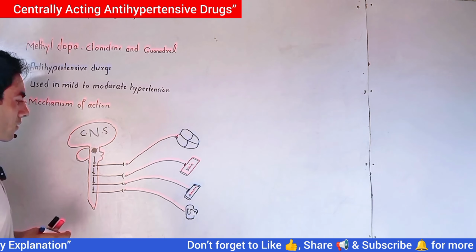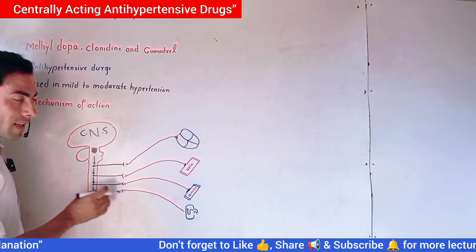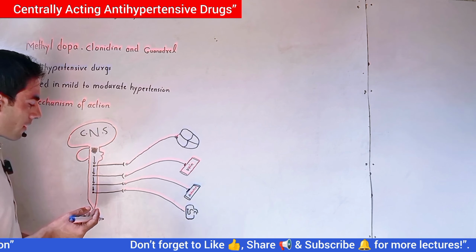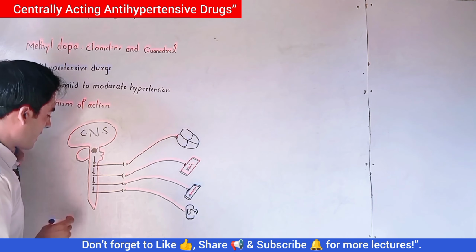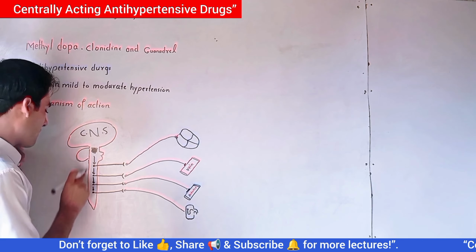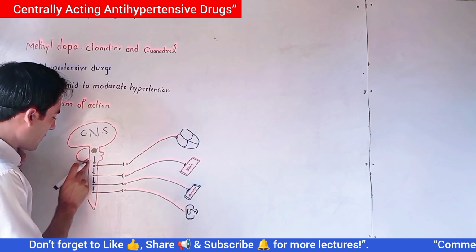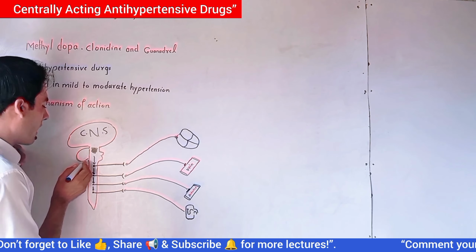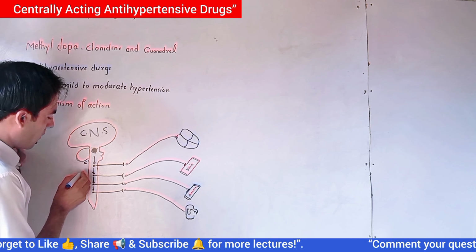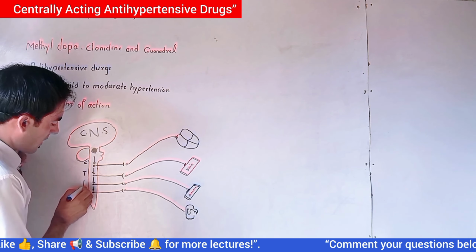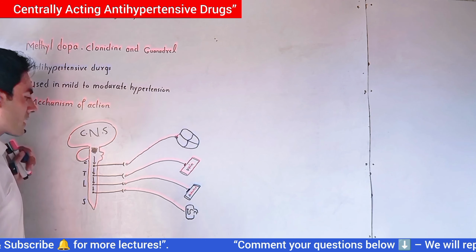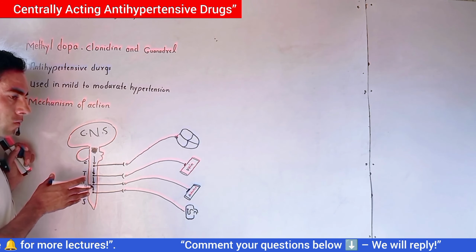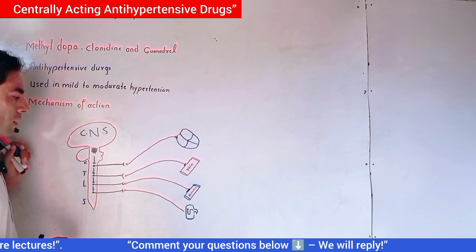Thoracolumbar outflow means the neurons or nerve fibers that originate from the thoracic and lumbar region, because the spinal cord is divided into different regions like cervical, thoracic, lumbar and sacral. So sympathetic outflow is a thoracolumbar outflow.